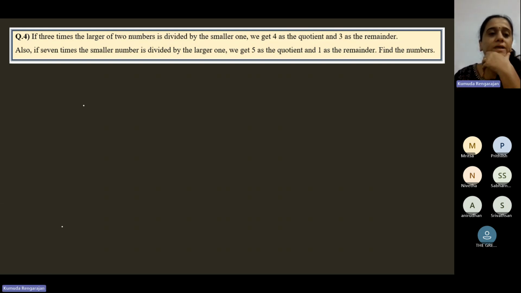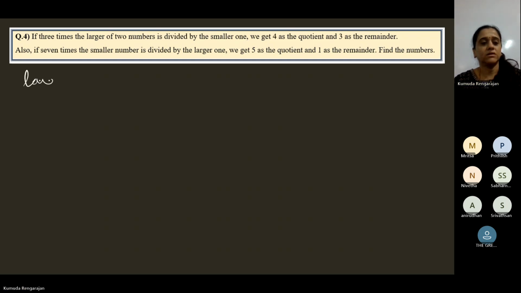Okay, listen, all of you. Again in this question, there are two numbers, a larger number and a smaller number. Let the larger number be x and the smaller number be y.